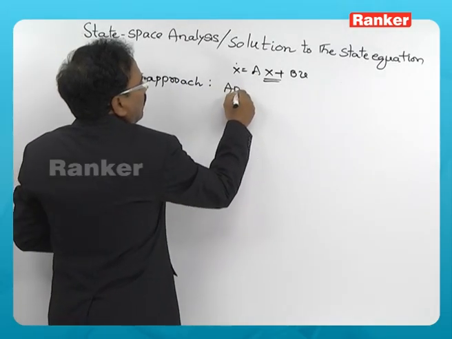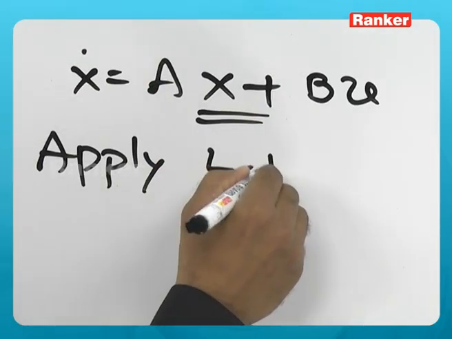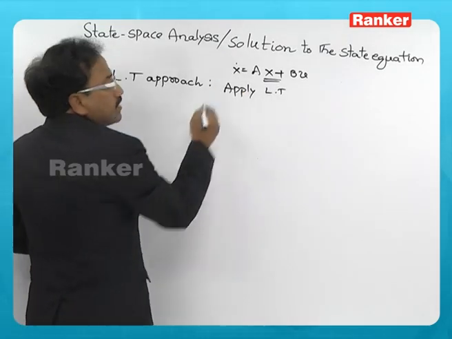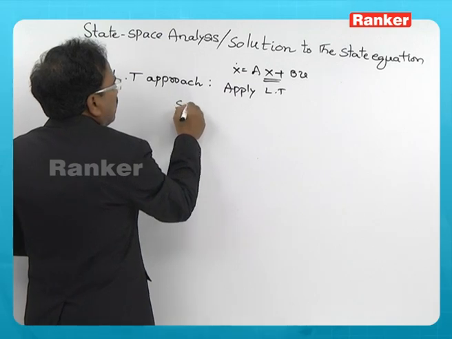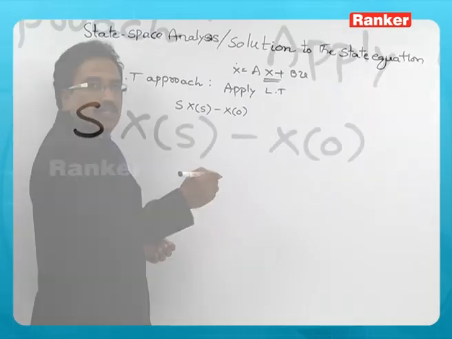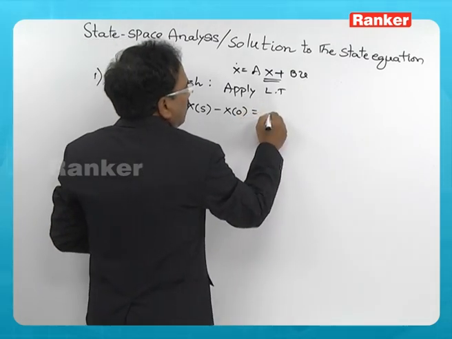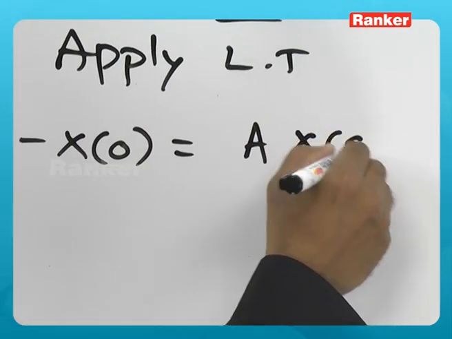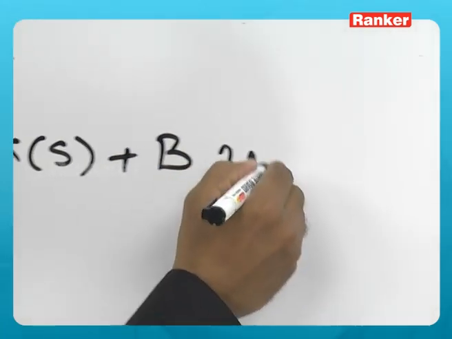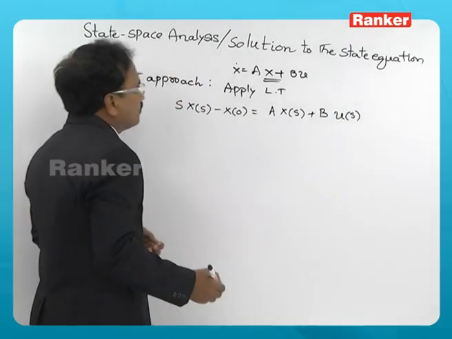and now you apply Laplace transform to this state equation. Then, for the x derivative, you have s X of s minus x of 0, the initial condition. This is equal to A X of s plus B U of s, where U is the input vector.